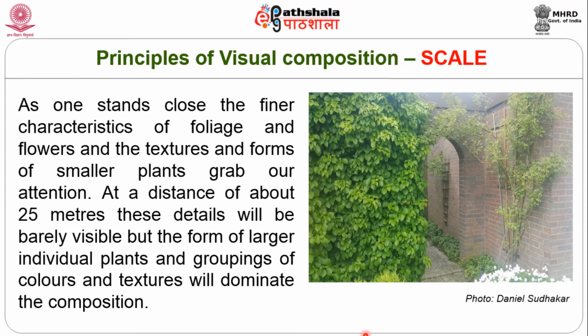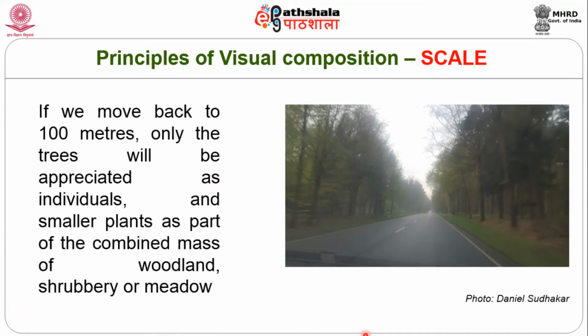It looks like a single color, and one could see just a very fine texture as one recedes. If we move back to 100 meters, only the trees will be appreciated. We can only see the scale, the individuals, and the smaller plants as a combined mass.